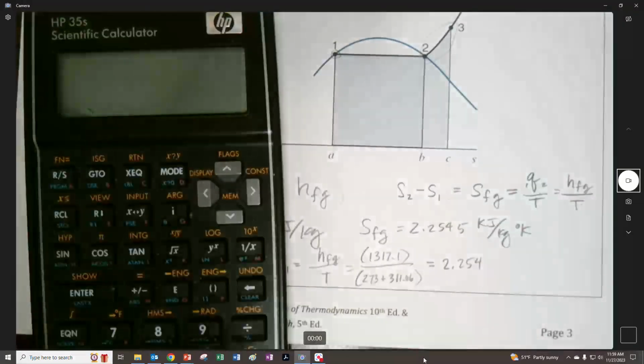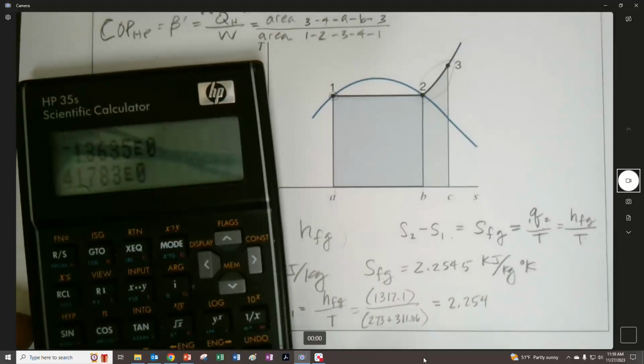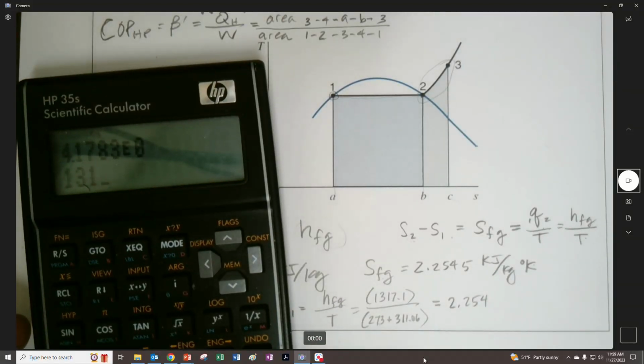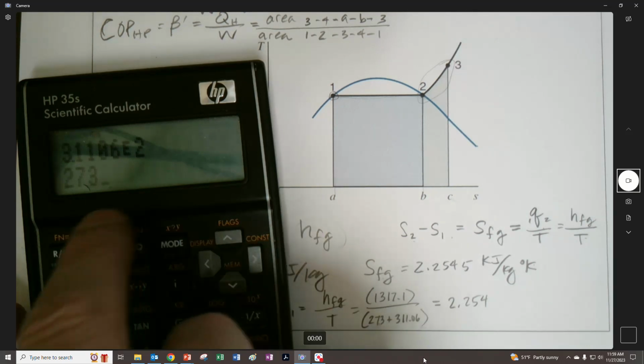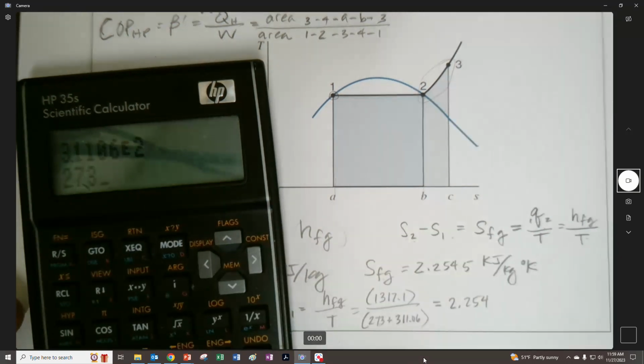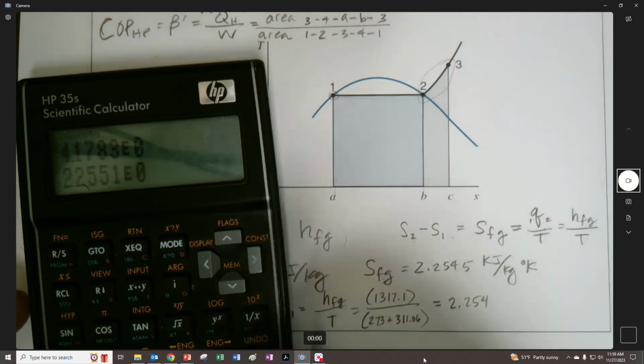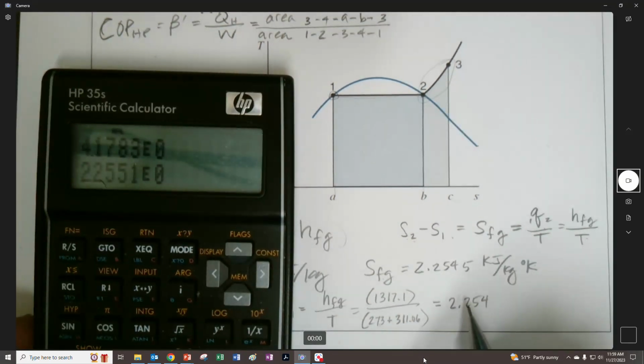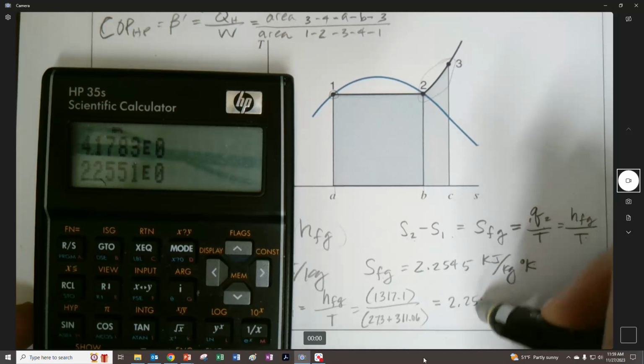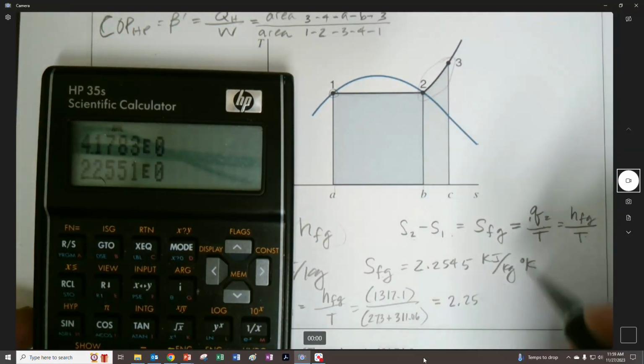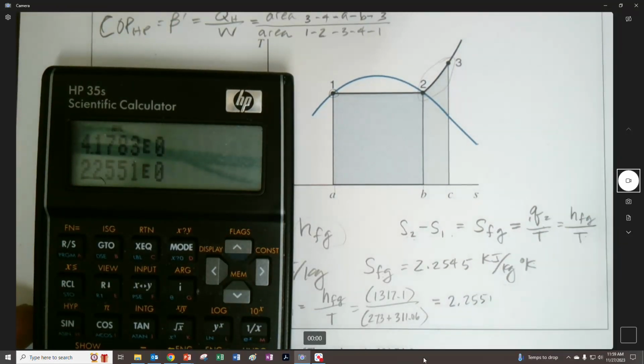Let's see how close it ends up, with 1317.1 and 311.06 plus 273. Of course, I think it's 273.17 or something, but I didn't bother, so maybe that'll account for some error. But sure enough, I don't want to lie to you, we get 2.2551, right?